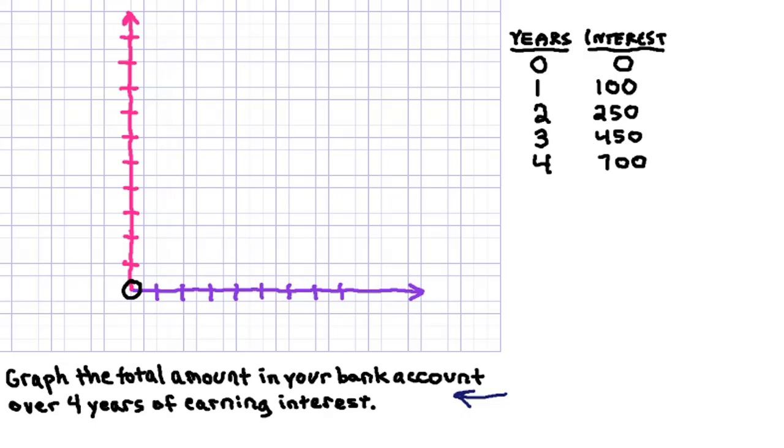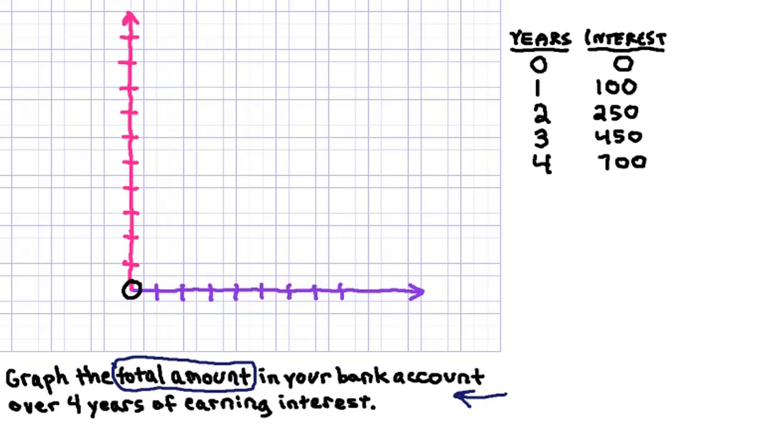So the key words here are total amount. Remember, you started out with $10,000, deposited it in your bank account, and then you earned all this interest on top of it over the series of 4 years. So we need to do some calculations first in order to find out what the total amount of money is in your bank account before we can graph that.